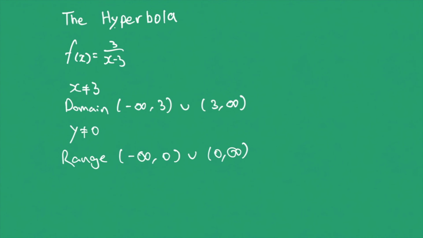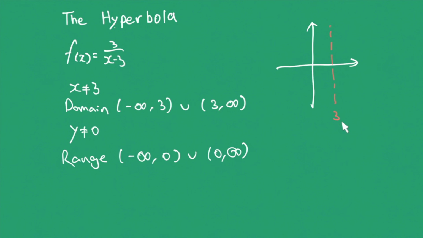So the x value and y value cannot be 3 and 0 respectively. In this case, x can't be 3 and y cannot be 0.